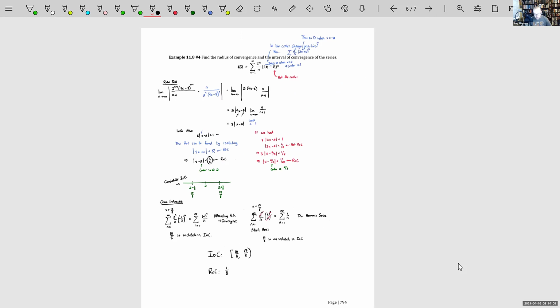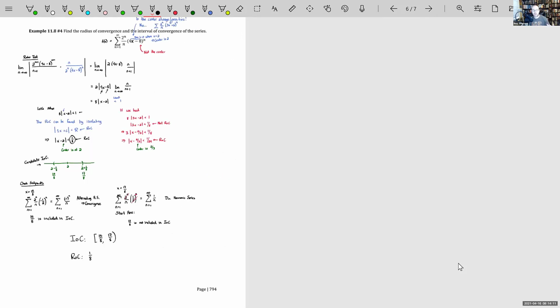So far with power series, and as far as intervals of convergence and radius of convergence, we've seen infinite intervals of convergence and therefore infinite radius of convergence. We've seen finite, let's say open intervals of convergence, from an open 1 to an open 3. We've seen closed intervals of convergence.